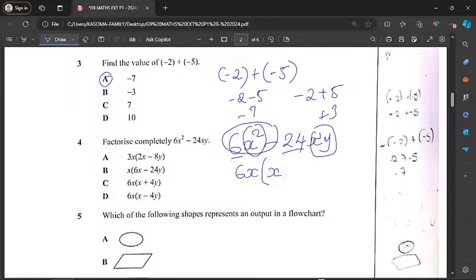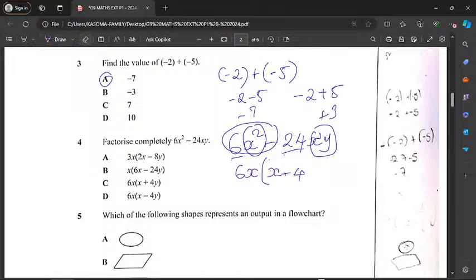6 into 6 is 1. Then x into x squared will go x times, because when we multiply x by x, it gives x squared. Then 6 into negative 24 will go negative 4 times.